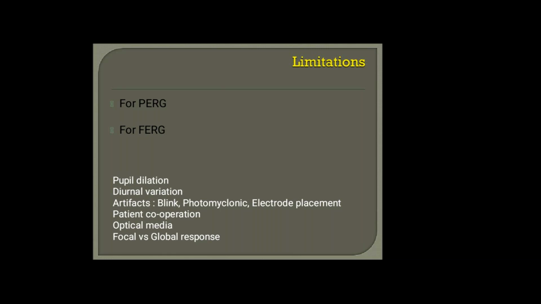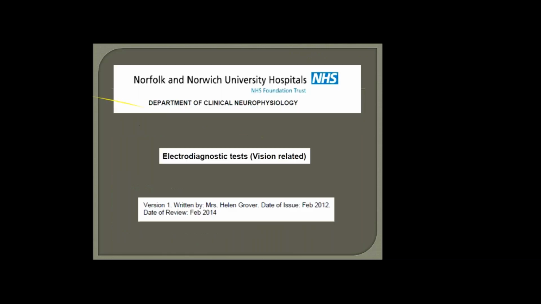And as I already told, your pattern ERG is focusing at the macula, as well as the ganglion cells surrounding the macula, and your full field flash ERG is conveying a message from the global response of your retina. So it is always important to decide which area, which type of test you are going to perform. Each has its own confinement, so based on that, you have to switch which test you want to do.